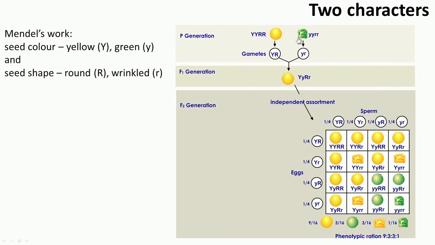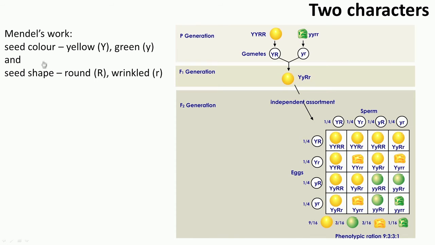Same kind of a cross, true breeding, therefore, capital Y capital Y capital R capital R, 2 characters here, seed color and seed shape, and small y small y small r small r. The gametes in this case would be capital Y capital R, the gametes in this case would be small y small r. Upon fertilization, it is going to be completely heterozygous, capital Y small y, capital R small r, and then they are going to be independently inherited or independently assorted.